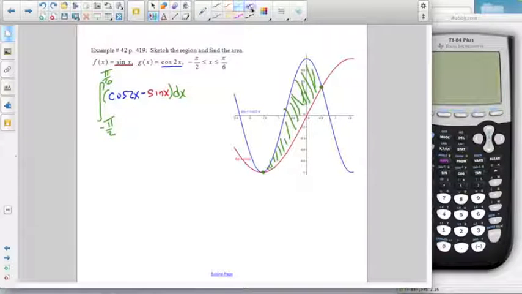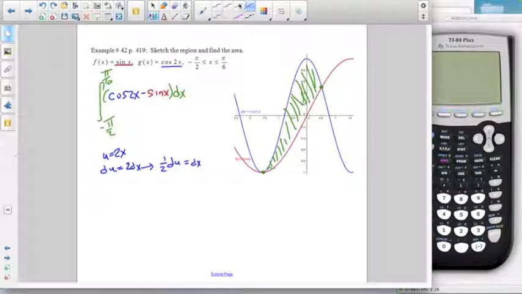Cosine of 2x would be another u sub, where we let u equal 2x, and our du expression, our differential expression, would be 2 dx. So for the appropriate substitution, we would say that half a du would be substituted in for a dx.